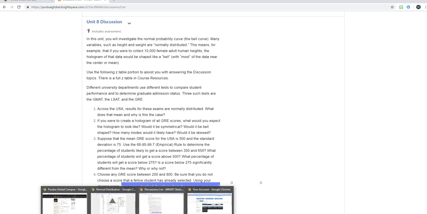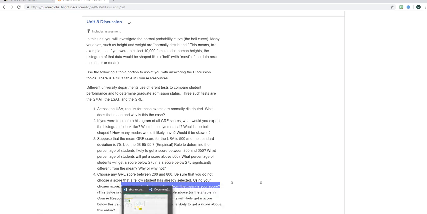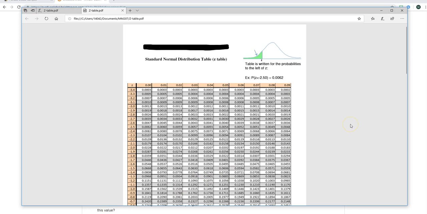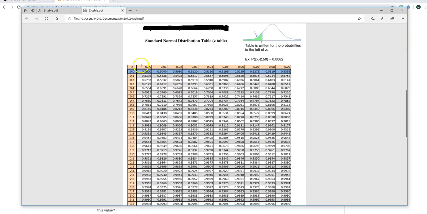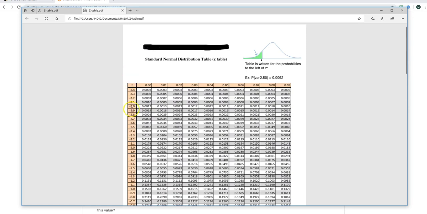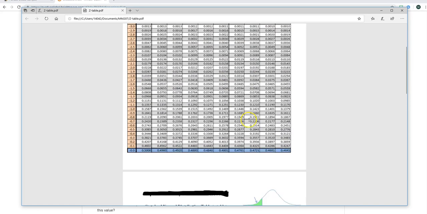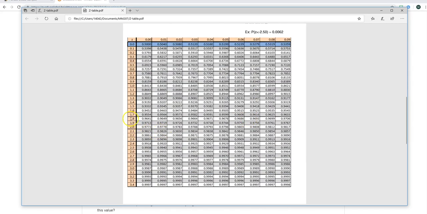So I'm now going to pull up the z-table. All right, which is right here. Remember, our z-score was 1.8. So I've got to scroll down to the positive. Notice these are positive z-scores here, and these were negative z-scores here. So I'm going to the positive, and I'm going to go find 1.8 right here.